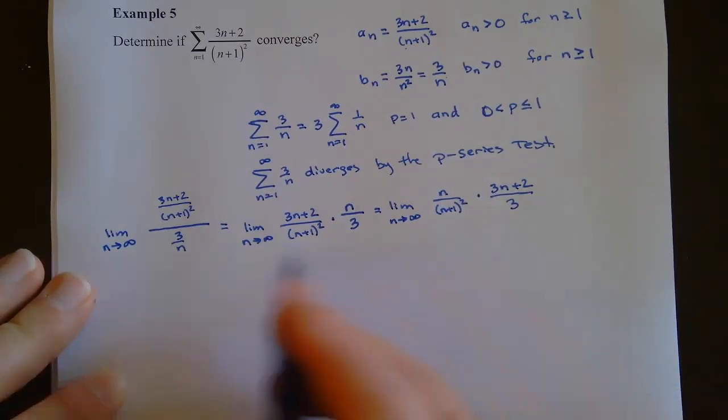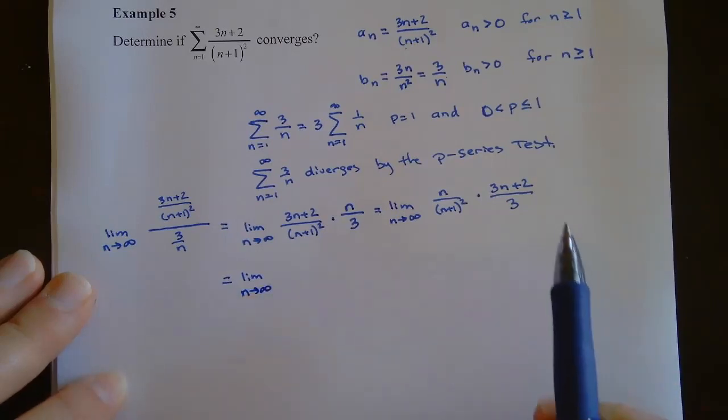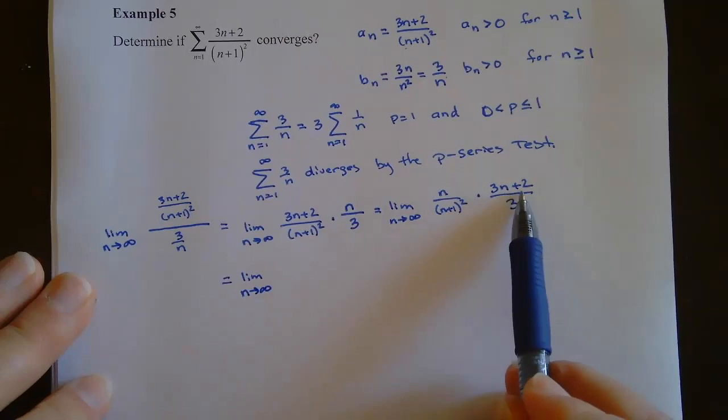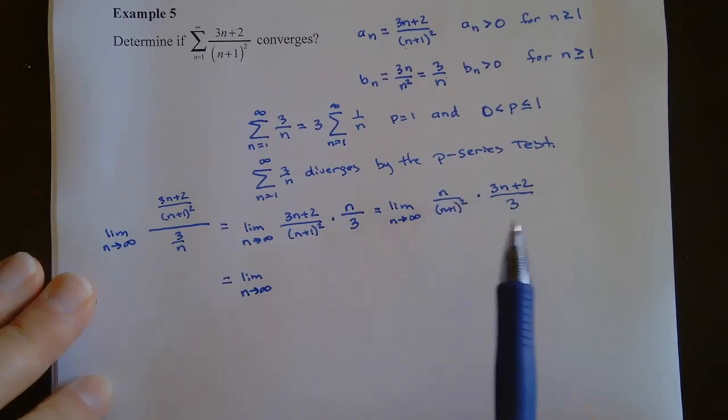And then this becomes equal to the limit as n goes to infinity. Okay, so I'm looking at this. If I multiply n times 3n plus 2, I'm going to get an n squared. That's going to be helpful.